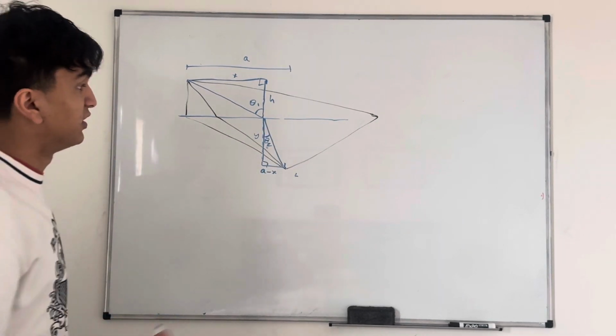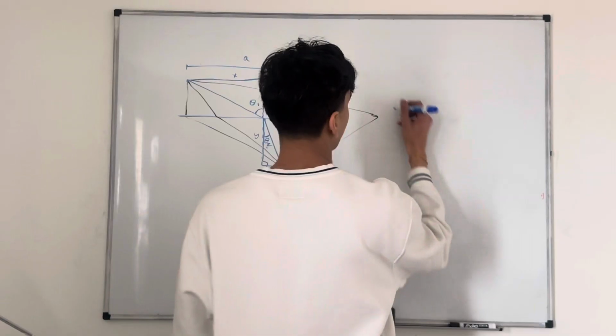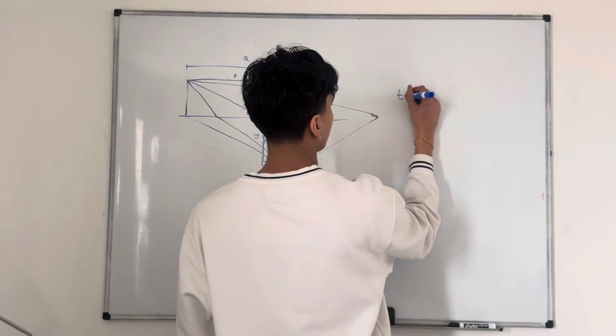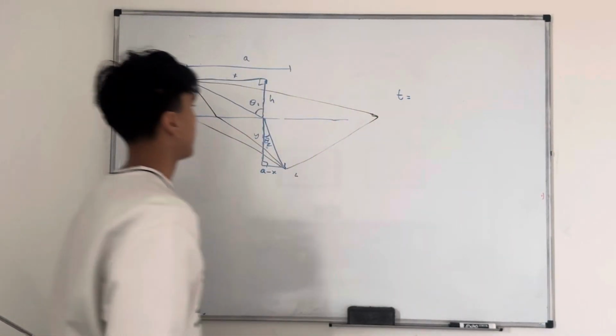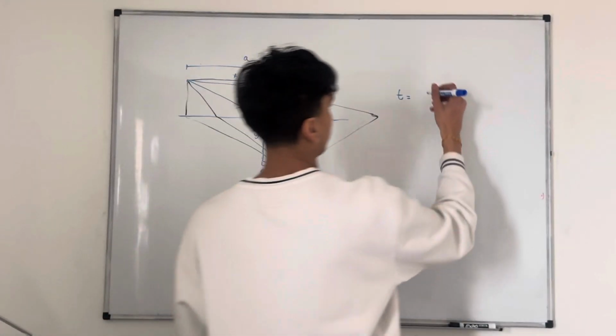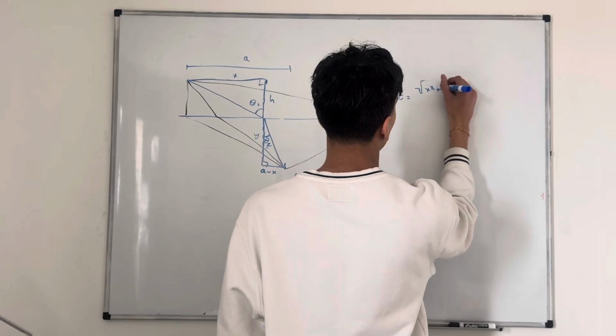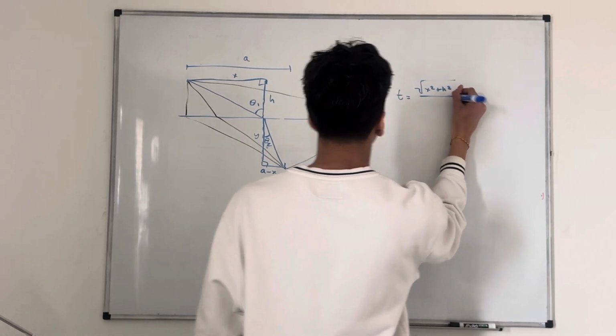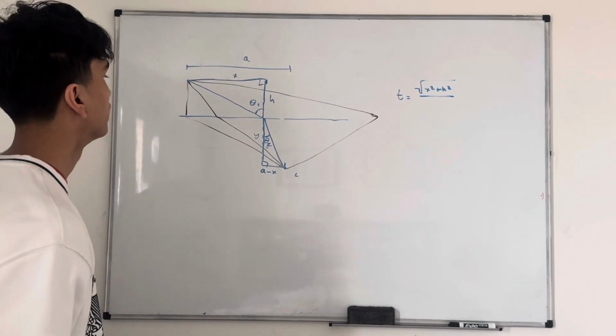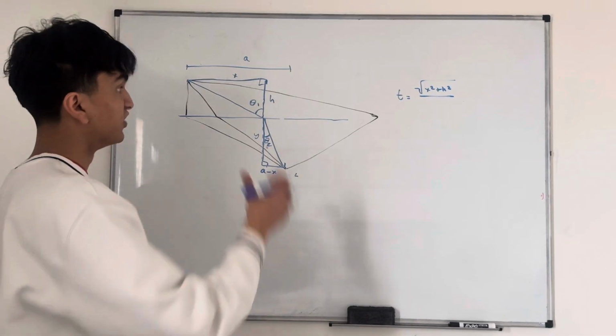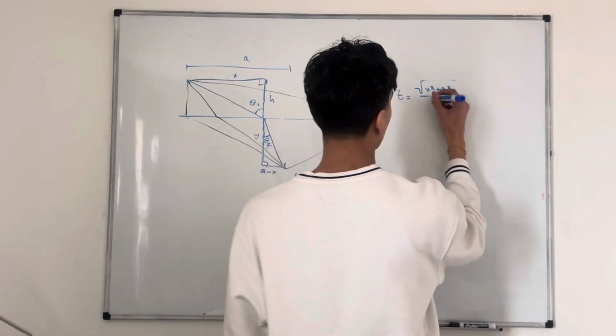So the time it takes is going to be pretty simple. The time t will equal, by the Pythagorean theorem, this side is the square root of x squared plus h squared, over the speed of light, which we could say is v1.